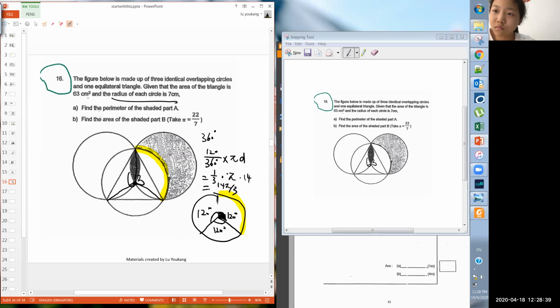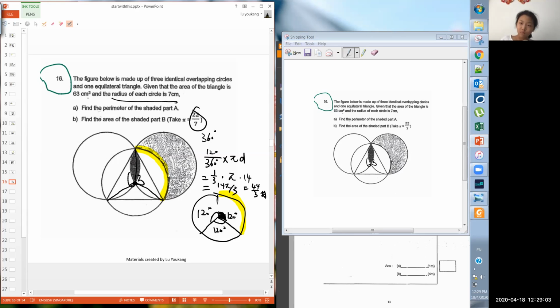And they ask you to use pi as 22/7. So let me punch my calculator. 22 divided by 7 times 14 divided by 3, then I will get 44/3. That is my yellow line.